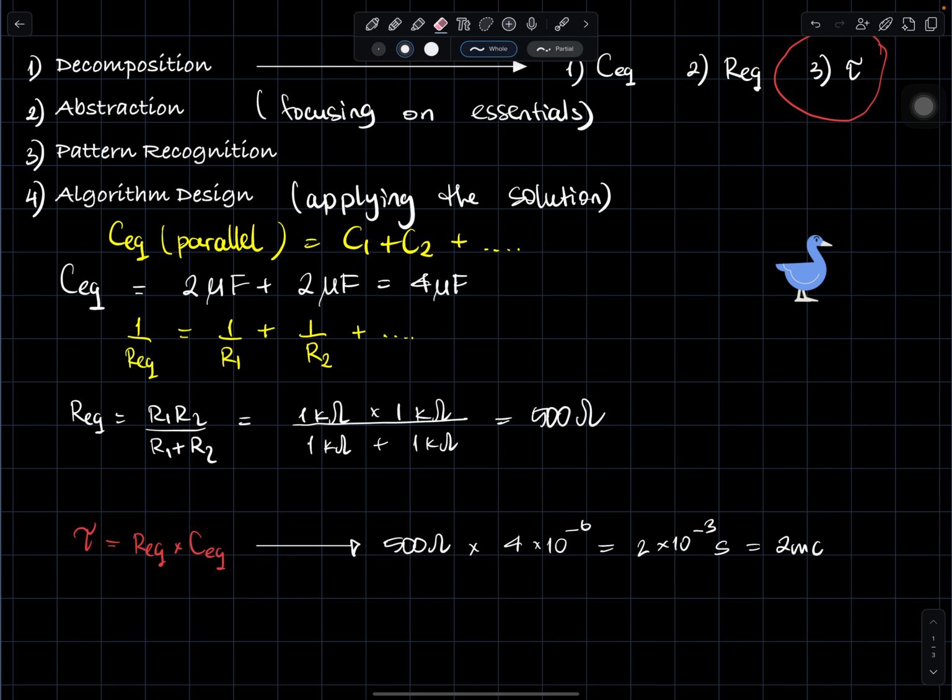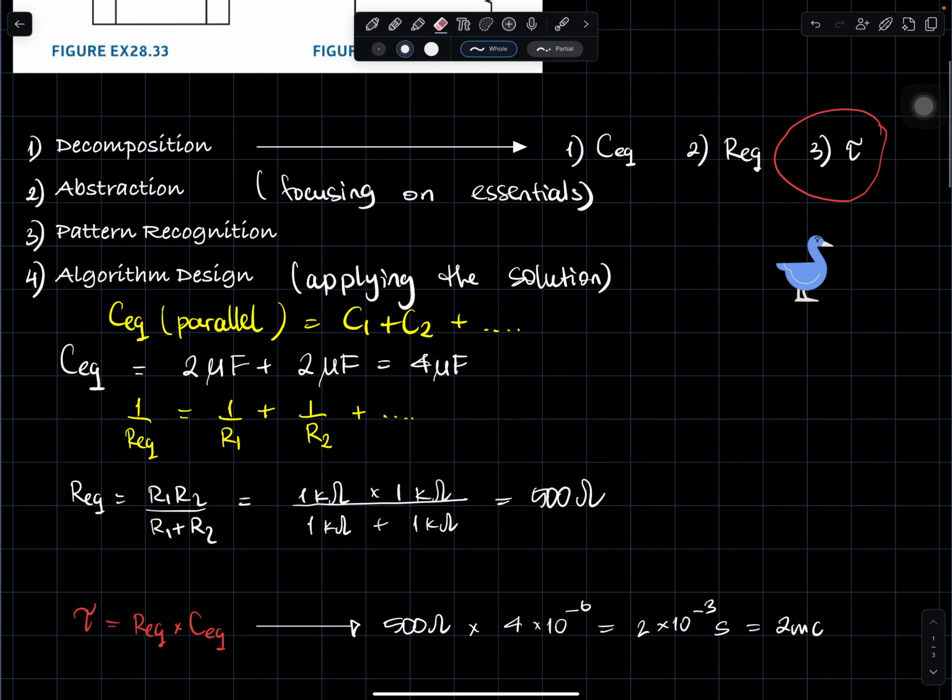So we found the tau, which is 2 milliseconds. Oh my god, I wrote microseconds here; it is 2 milliseconds.